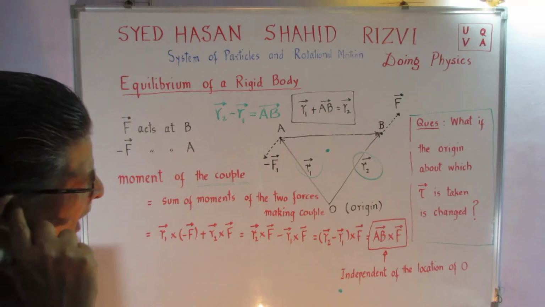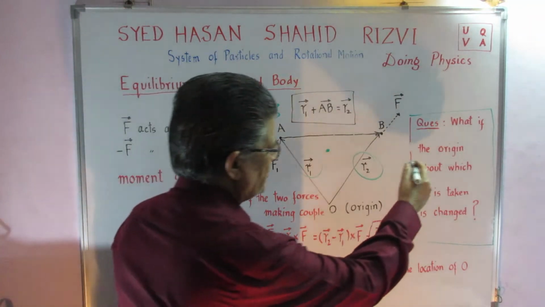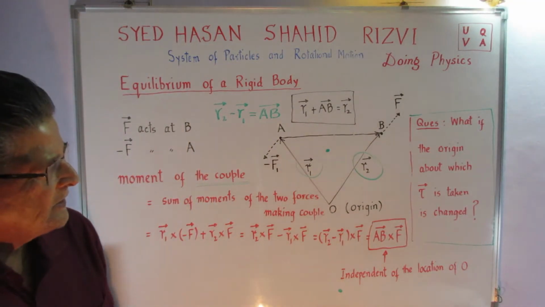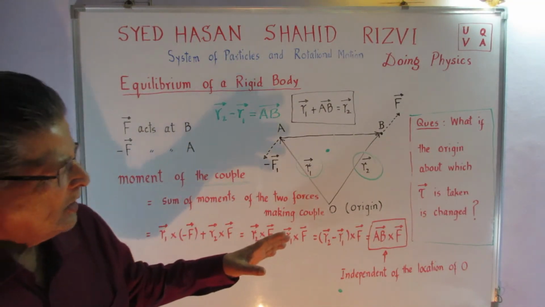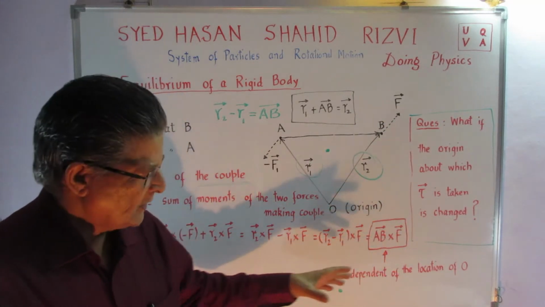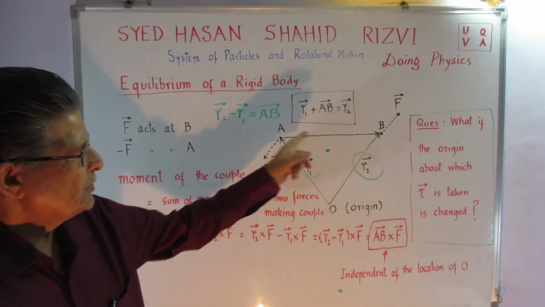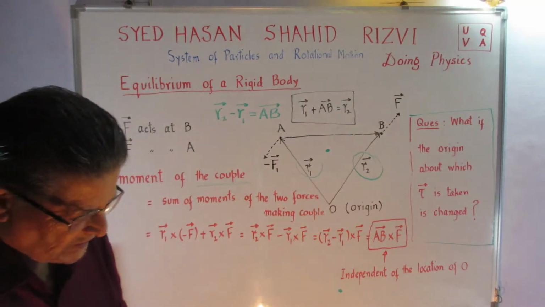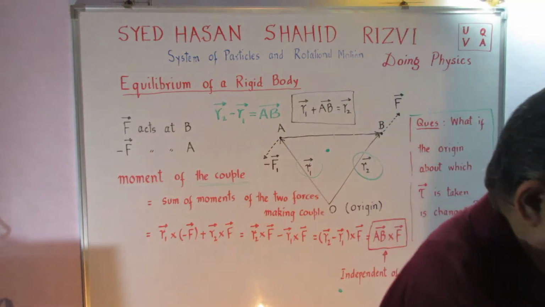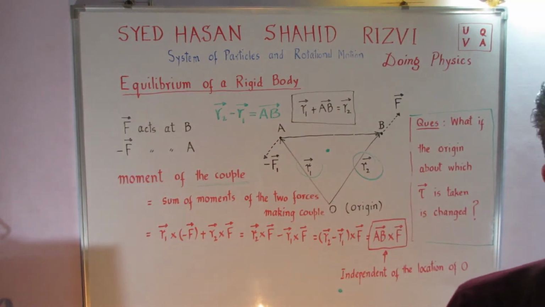So this is how we address this question. It is interesting, and we should bear in mind that the location of the origin is not important. What is important is the position of two masses situated at A and at B.